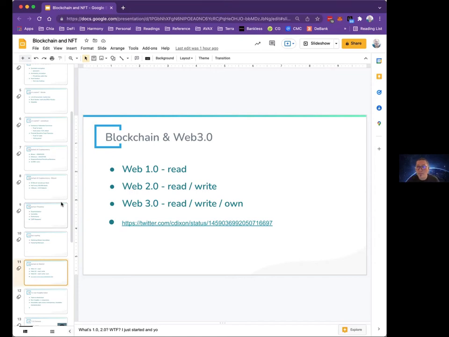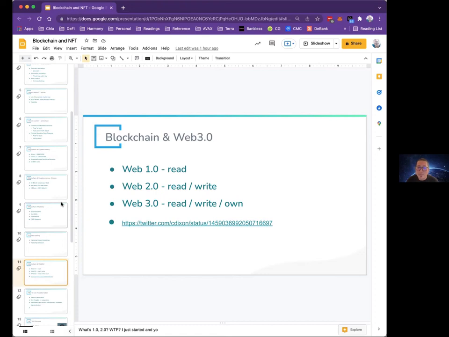Even the users' personal or private information has been monetized by those companies, right? For example, your browsing history, your shopping history, you actually don't own them because of the Web 2.0 companies. They collect your data and they monetize it.